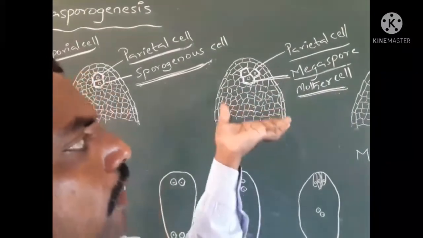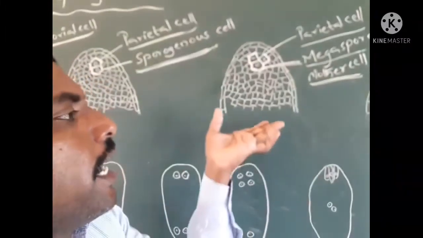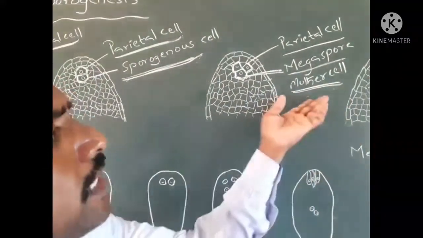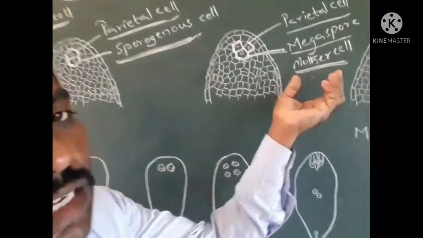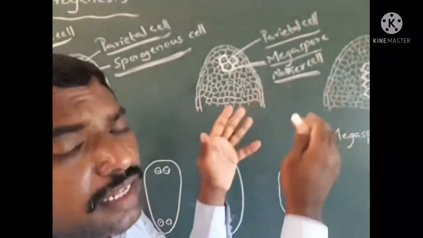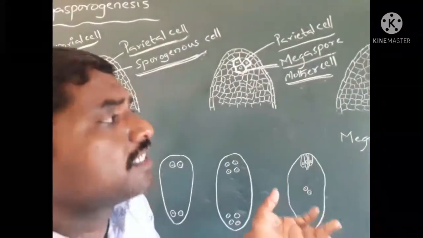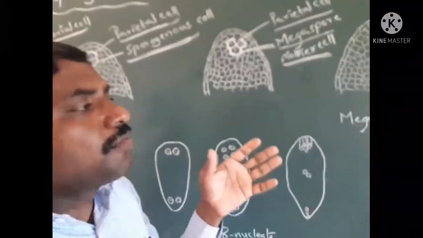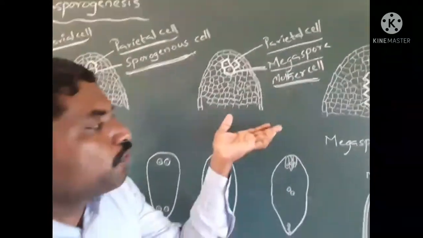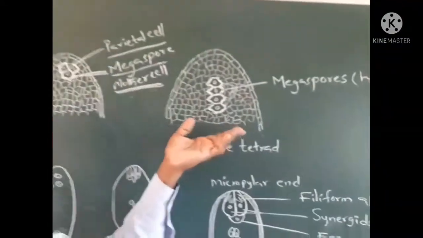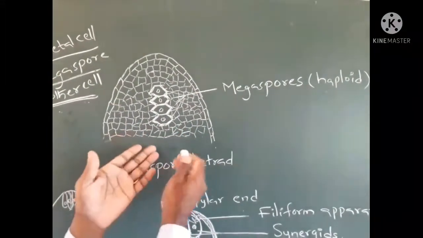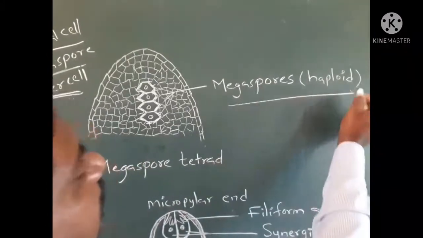The megaspore mother cell is the diploid one. That's why this diploid megaspore mother cell undergoes meiotic division and forms the four megaspores.